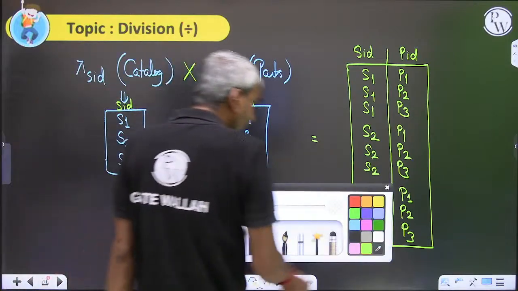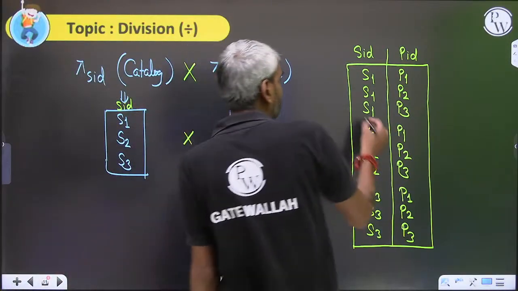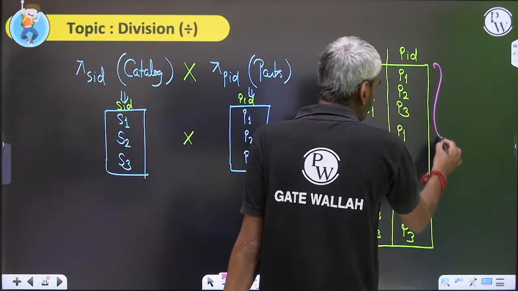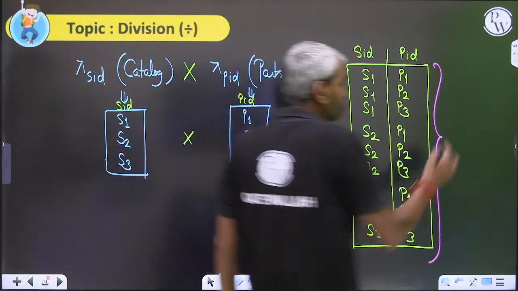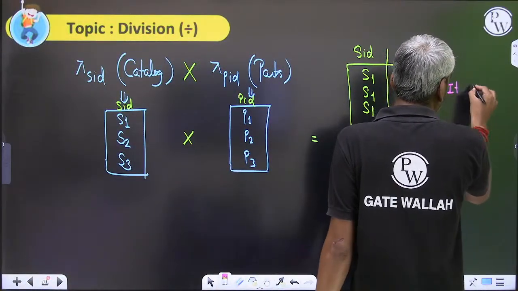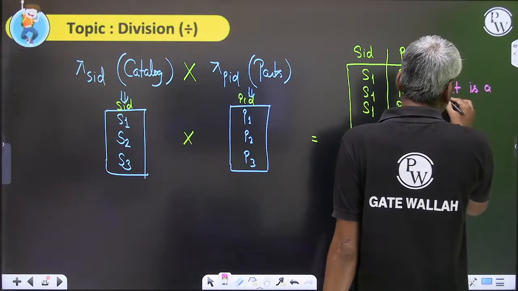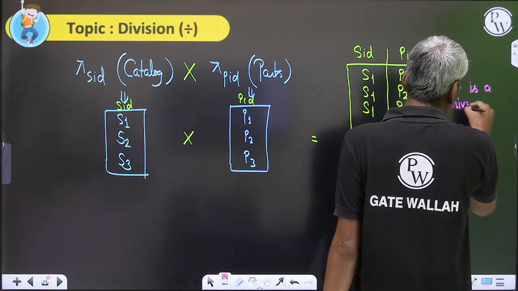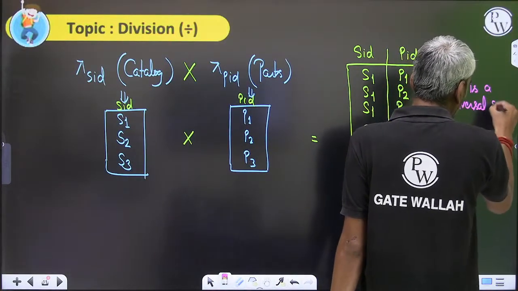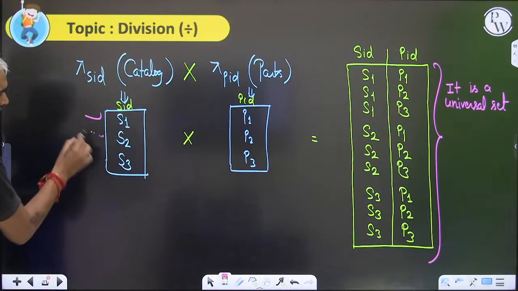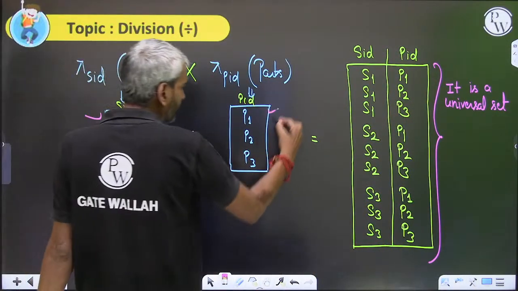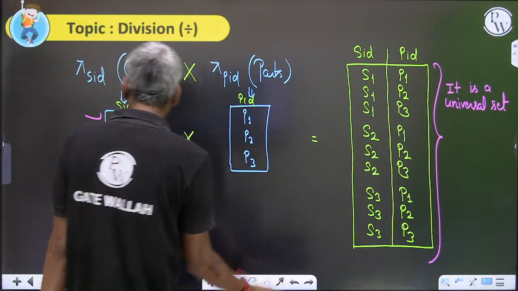But what information is present in this set? It is actually the universal set. So what do I mean by universal set? What is happening here? Every SID present in the catalog table is associated with every PID present in the part table.